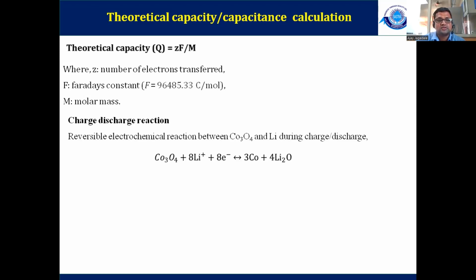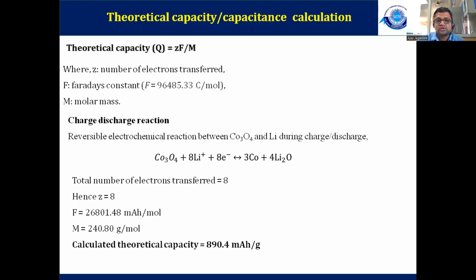I have taken one example here: if you take cobalt oxide as an electrode material, and lithium can be stored into cobalt oxide, one can calculate the specific capacity of cobalt oxide when lithium intercalates into its layers. If you see this reaction, 8 electrons are involved, 8 electrons are transferred.